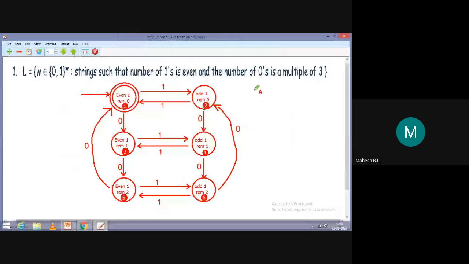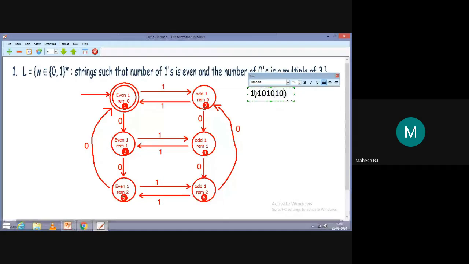Initially you are in state 1. Let's say the input string is 101010. Don't confuse between state and the symbol.